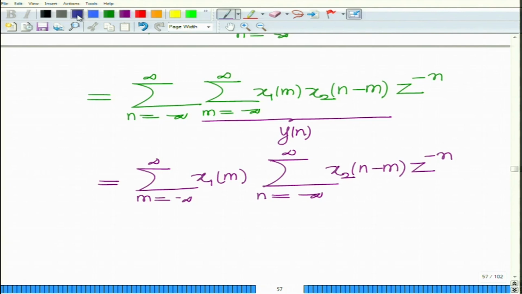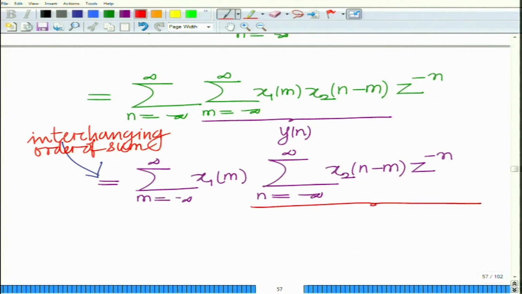Okay. So, this is basically by interchanging the order of summation, and now you can see this is the Z transform of x2 n minus m, that is x2 delayed by m.